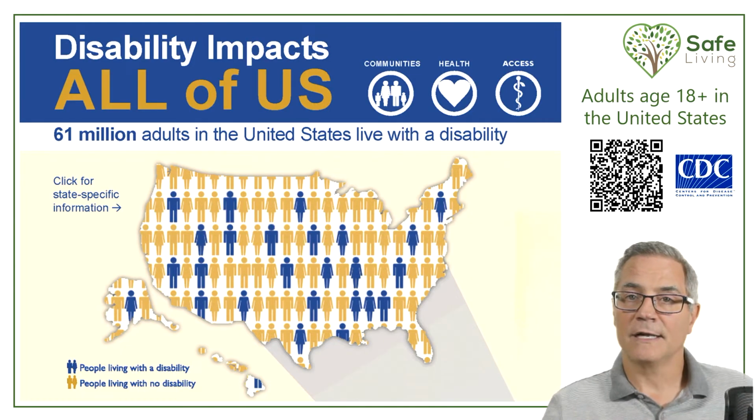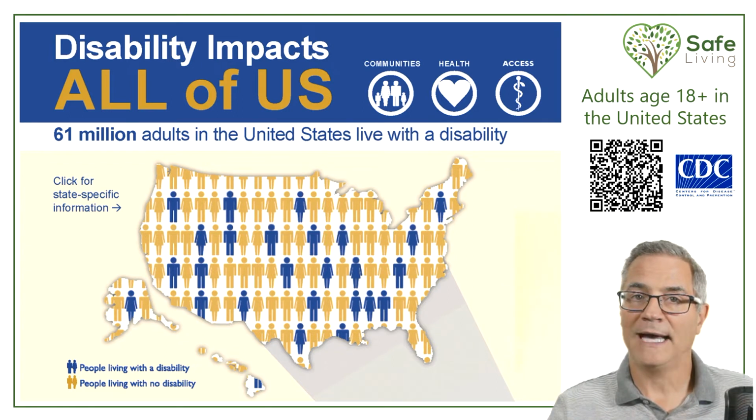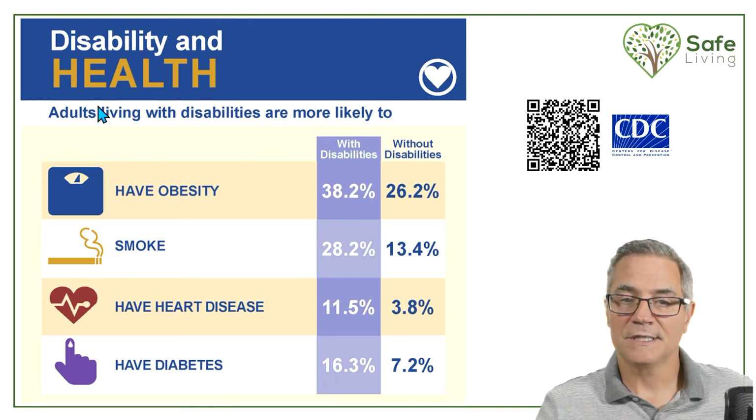The next slide that I want to talk about is the disability impacts on all of us in the United States. The CDC here pulled together statistics of people over the age of 18 with a disability. Currently, 61 million people in the United States live with some form of disability. Looking at disability versus health, adults living with disabilities are more likely to be unhealthy than those without disabilities.